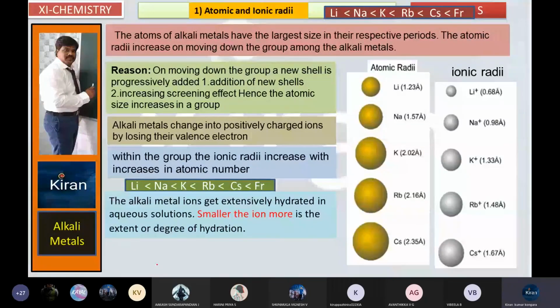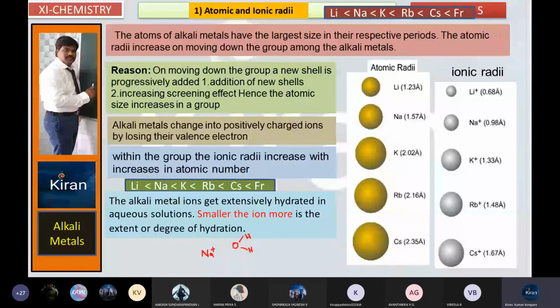What is hydration, sir? When you place the sodium metal in the water, the sodium metal loses one electron, that you know, gets a positive charge. This positively charged cation attracts water molecules. You know the water molecule is H2O.